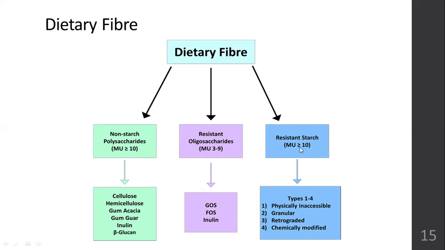Potatoes too, boiled or steamed or whatever form, once cooled down, also become resistant starch. So these are the different forms of dietary fibers: non-starch polysaccharides, resistant oligosaccharides, resistant starches.